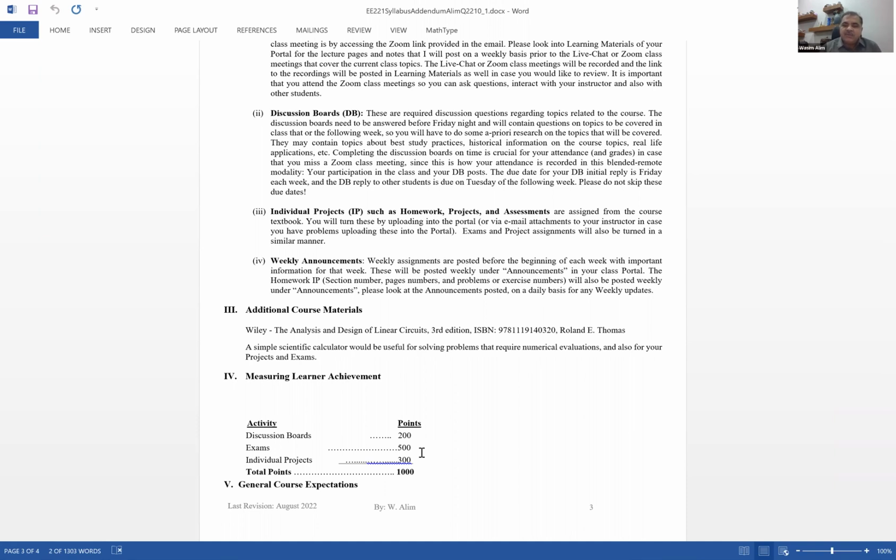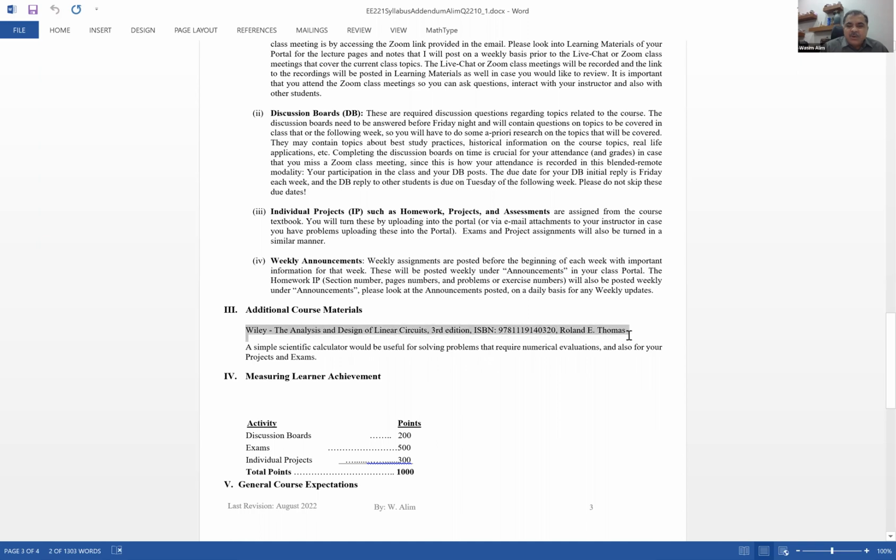We have a total of 10 discussion threads, and basically 20% of your overall grade depends on class discussion. If you participate actively in these threads, that gives you about 20% of the total grade, and it just requires a little bit of research on the topic, and maybe sharing your ideas there. So that's an important piece of this overall assessment.